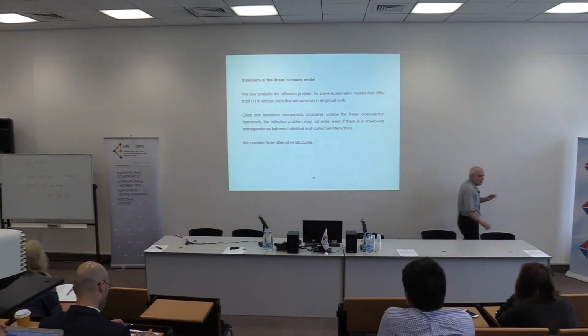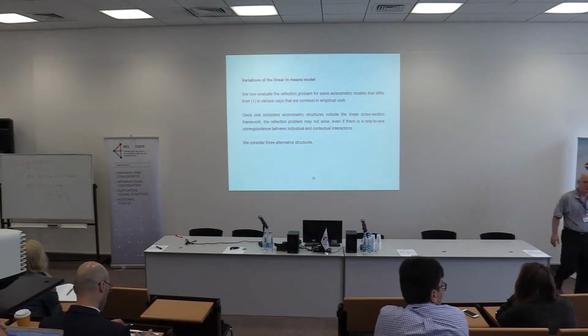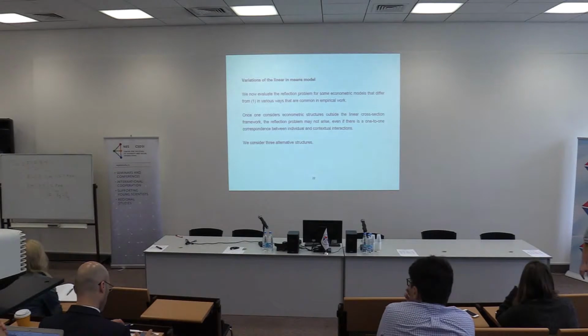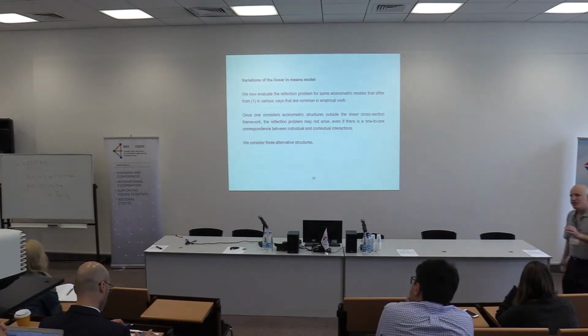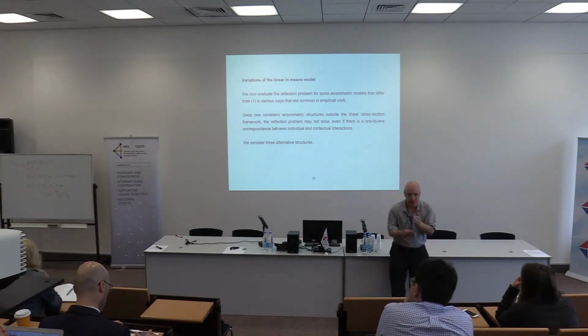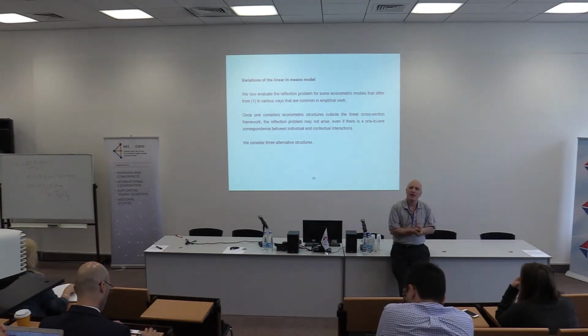All right, so what I put on the table was what I called the key logic of the reflection problem. What I want to do now is consider variations of the linear in means model and see whether or not identification conditions change. In the baseline linear social interactions model, identification is contingent on prior information.